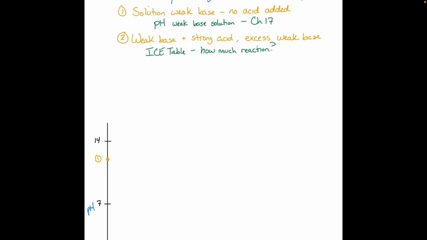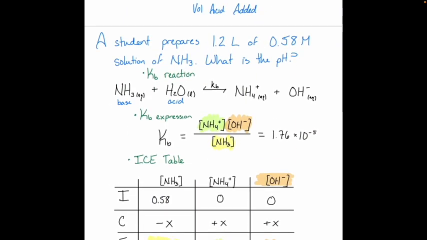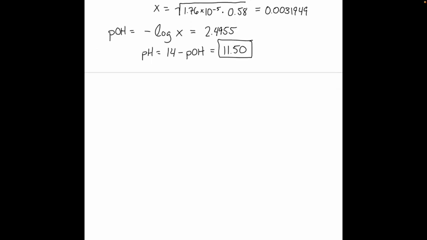Right? Now that we're changing our volume, we need to make sure to do that ice table in units of moles. All right, so let's go ahead and get this kicked off. 65 milliliters.